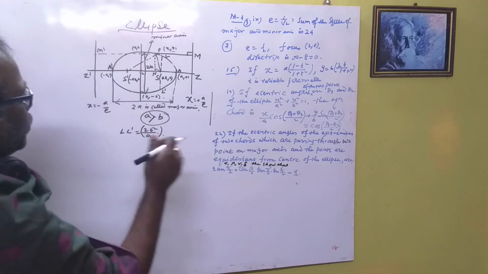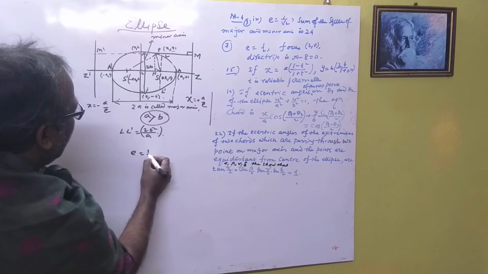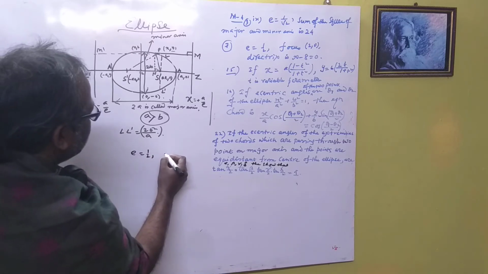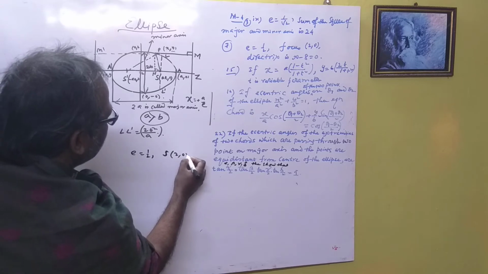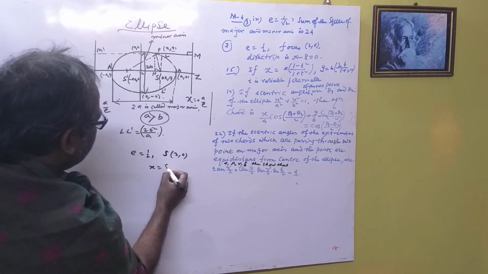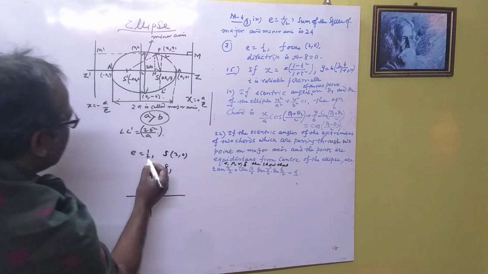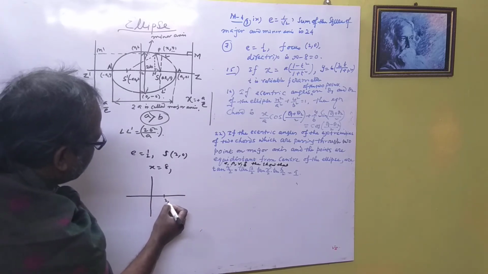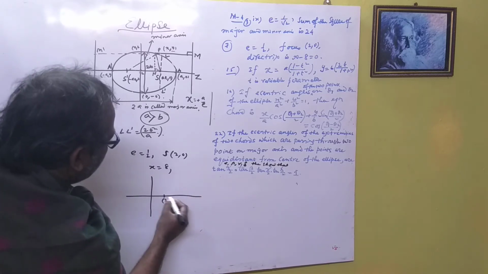So this is the drawing, this is the data: e is equal to half, and the focus is here 2, 0, and the directrix is 8. So see the drawing. That is 2, 0, and the equation of the directrix here is x equal to 8.